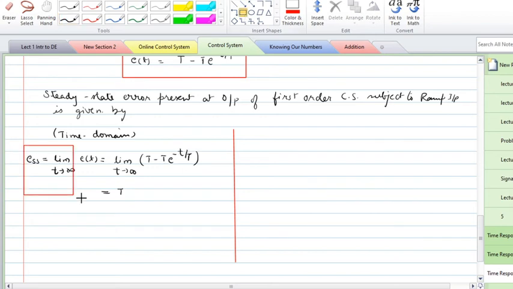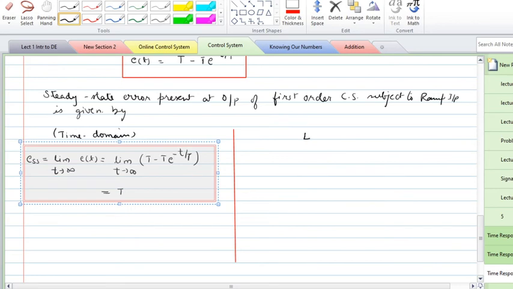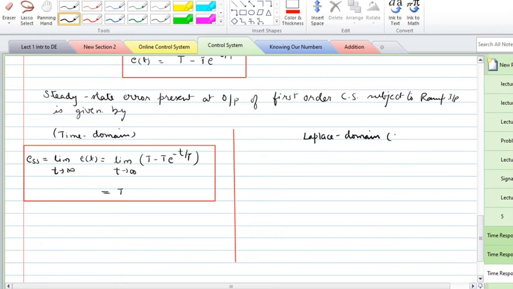Okay. Similarly, in Laplace domain, or you can say that in s domain, this steady state error e_ss will be equal to limit s tends to 0 s E(s).